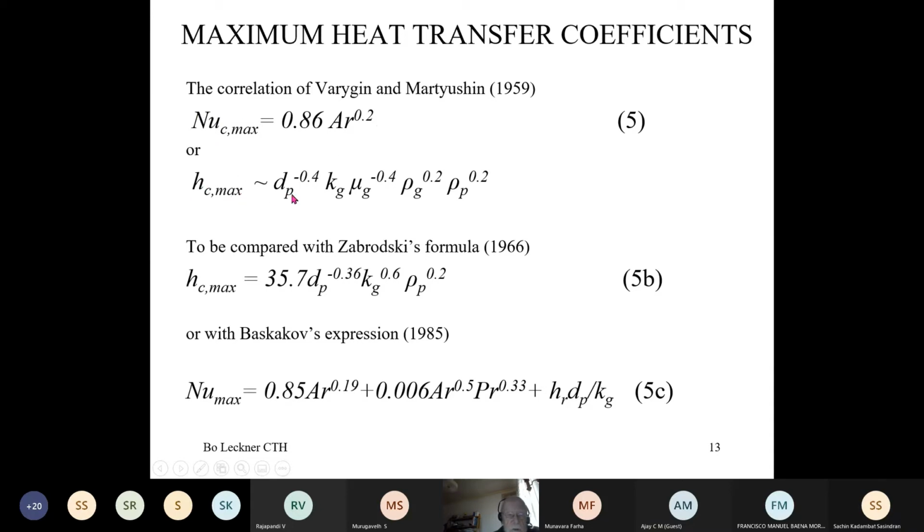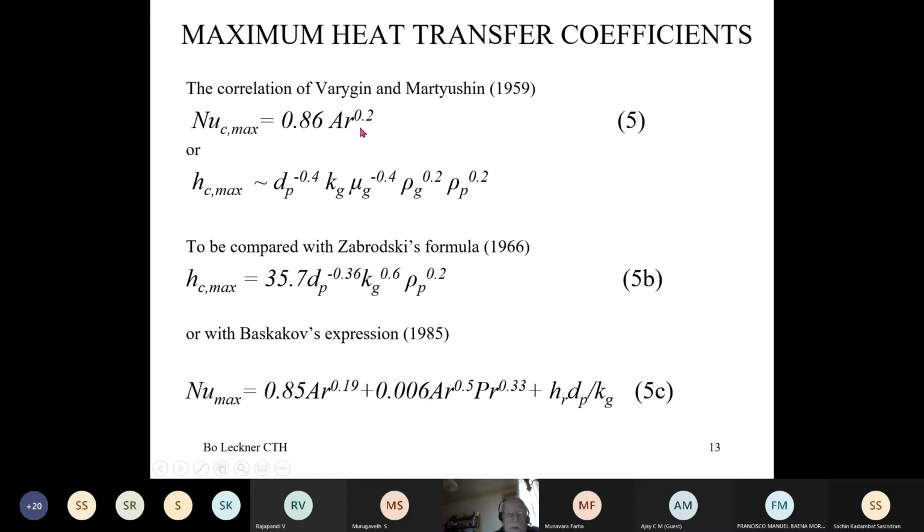And I find that this also shows a rather similar dependency on particle size, thermal conductivity, not exactly the same, particle density, and furthermore some properties of the gas. So they are rather similar.